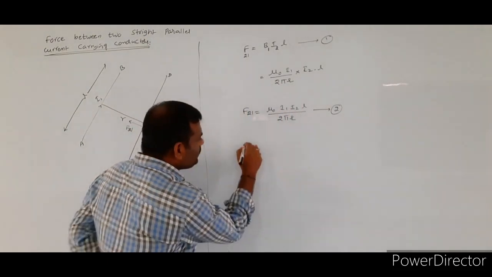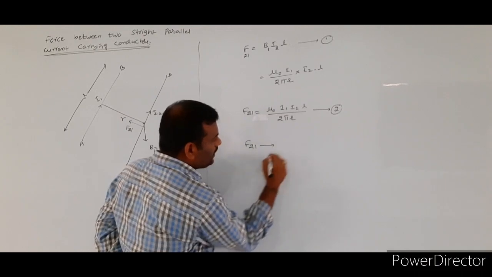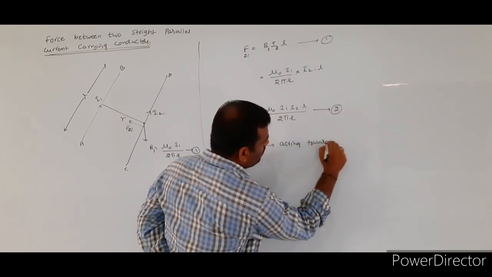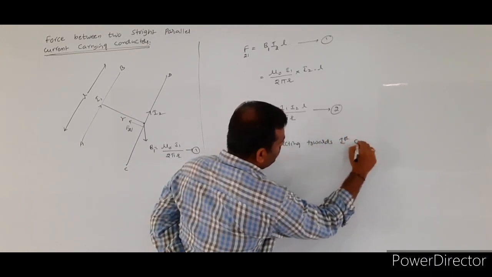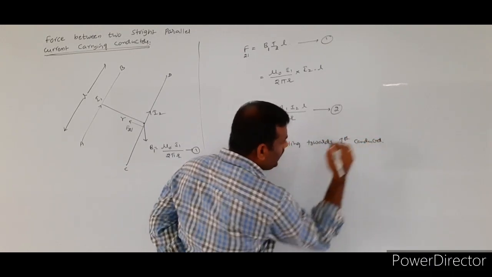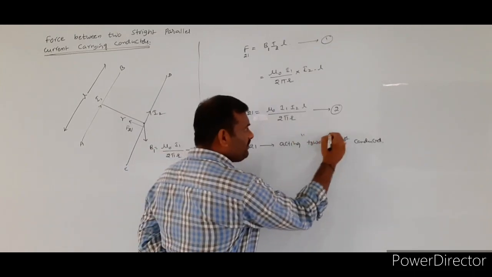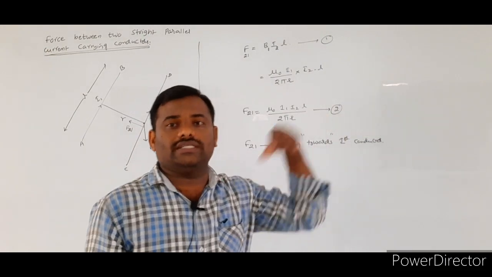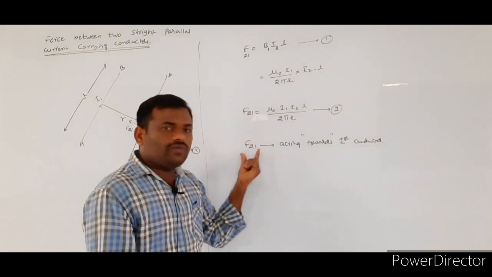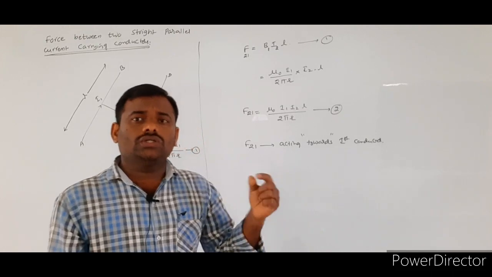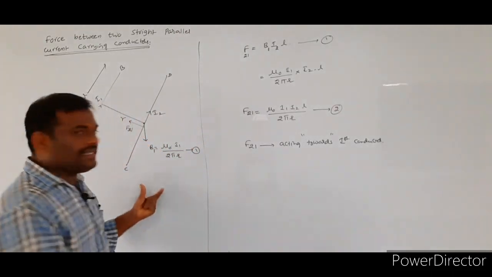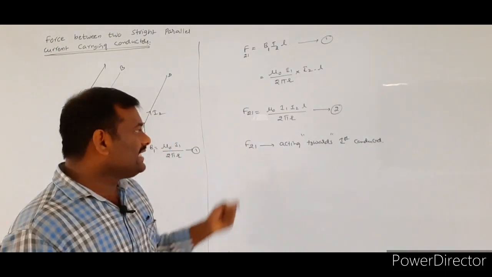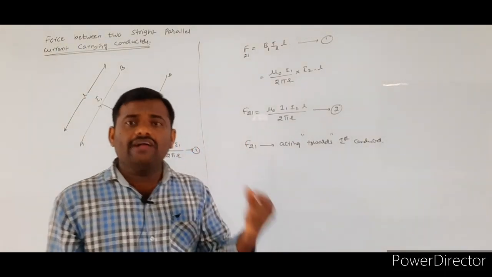So F21 is acting towards the first conductor. Here F21 is acting in which direction? Towards the first conductor. If you apply Fleming's left hand rule, you will get the direction of the force acting towards the first conductor.